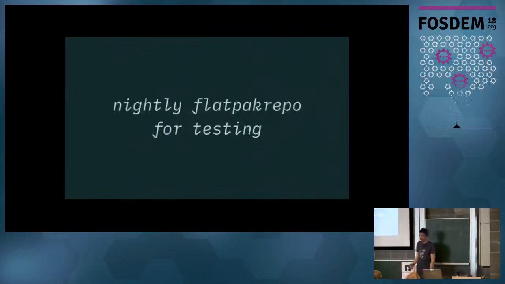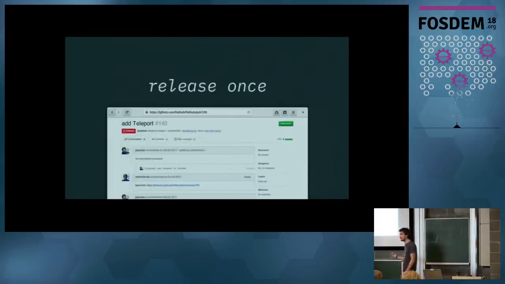And we used nightly builds. For most of the changes, we built it, published it, and often got feedback already. Or we could really easily test it on friends' machines, or also on a second machine we had at home. Then for the first release, we didn't have to do much because it's already Flatpaked.